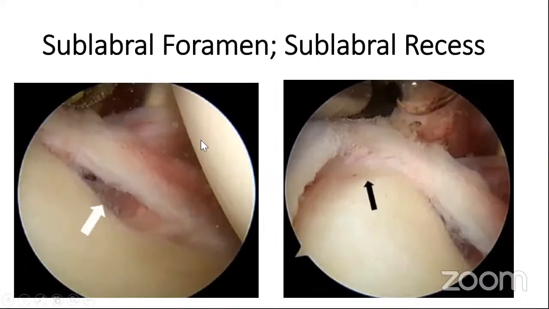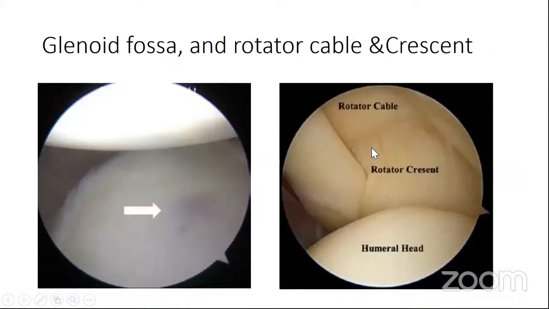And just like you mentioned, the sublabral foramen, these are normal findings. So this should not be mistaken for a labral tear. Otherwise, one will be repairing what is not torn. You clearly demonstrated that using the MRI. I just felt showing the arthroscopic view will also drive home the message, as well as the sublabral recess.